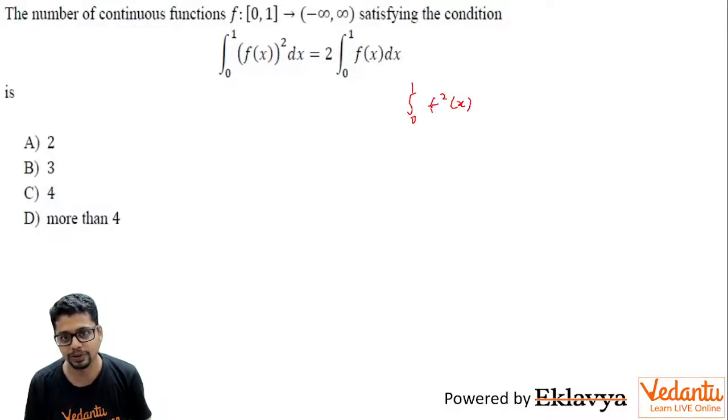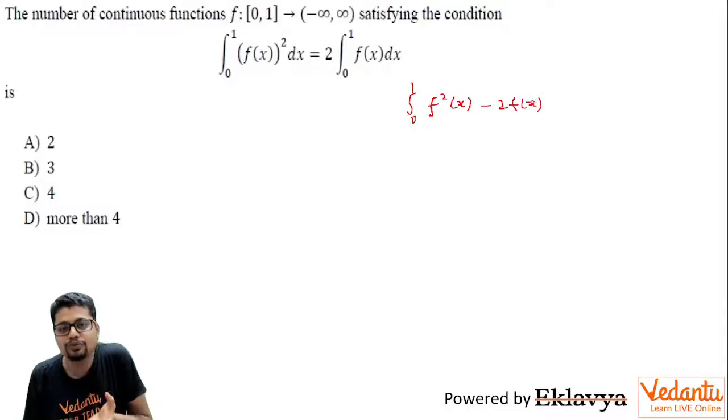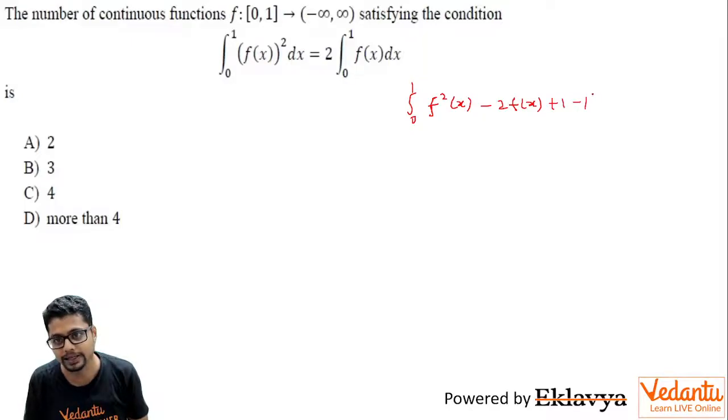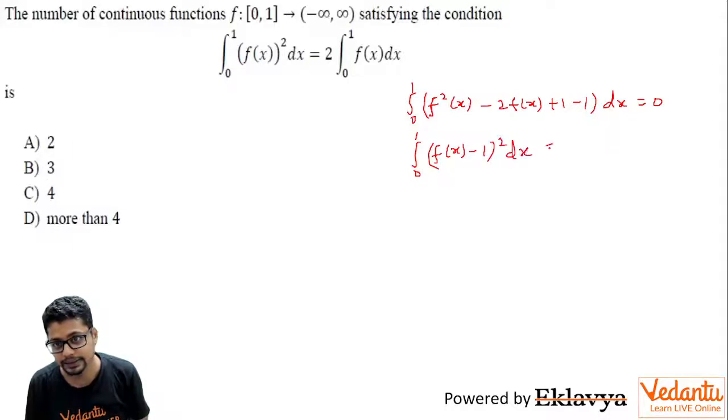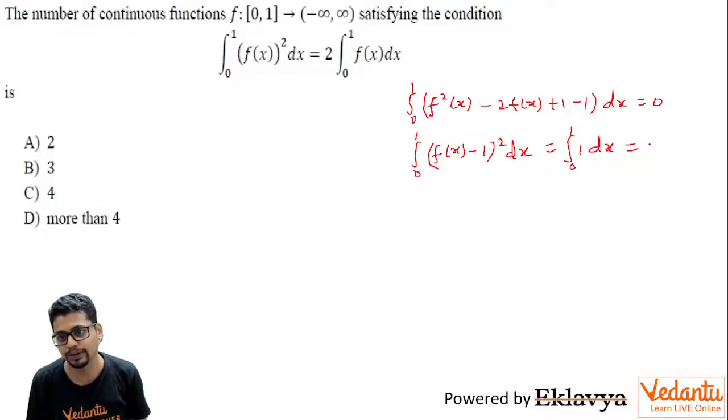So integral 0 to 1 of f²(x) minus 2f(x), and here the thought should strike: let me complete the square, let me do plus 1 minus 1, dx equal to 0. So here you have integral 0 to 1 (f(x) minus 1)² dx is equal to integral 0 to 1 dx, which is essentially, as we integrate 0 to 1, 1.